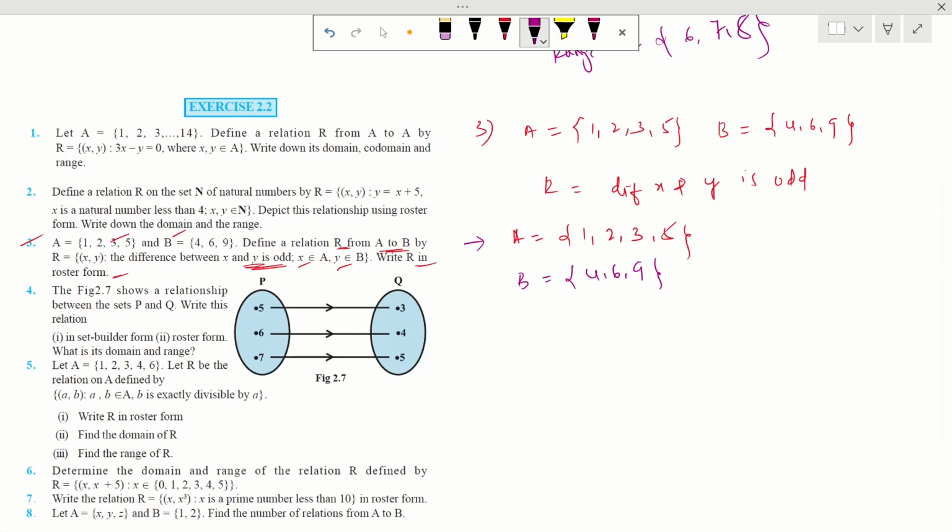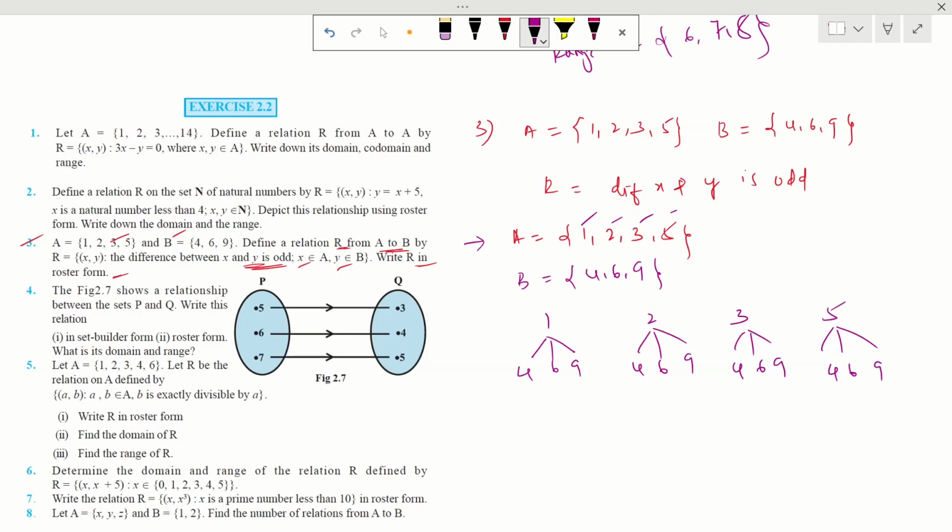We have to compare these values. I am matching 1 with 4, 6, 9. 2 is also matched with 4, 6, 9. 3 is also matched with 4, 6, 9. And 5 is matched with 4, 6, 9, and we write down the differences.